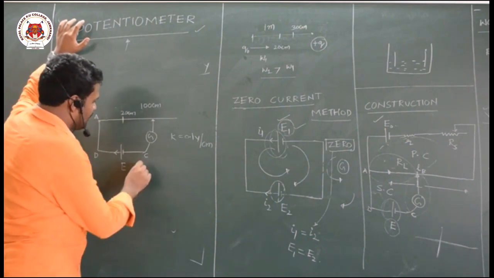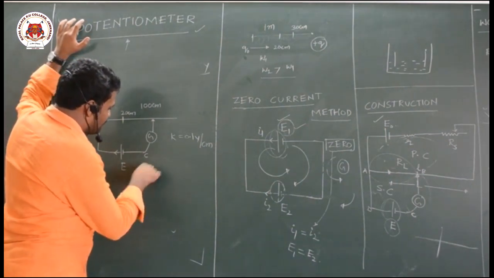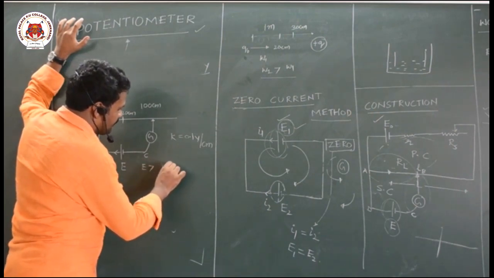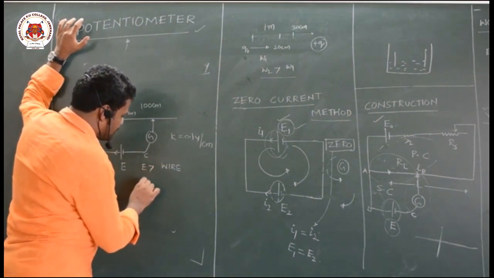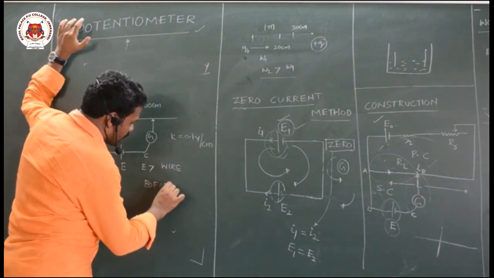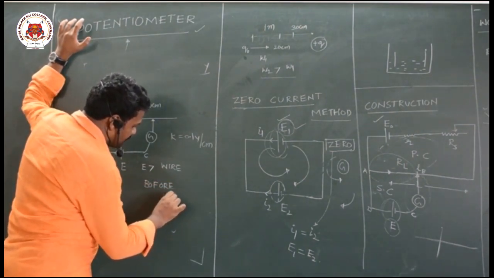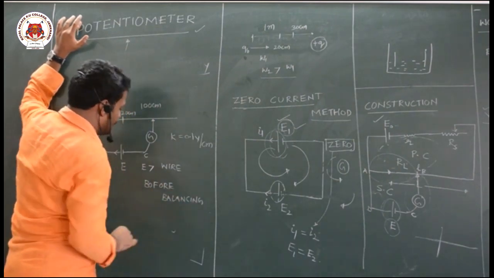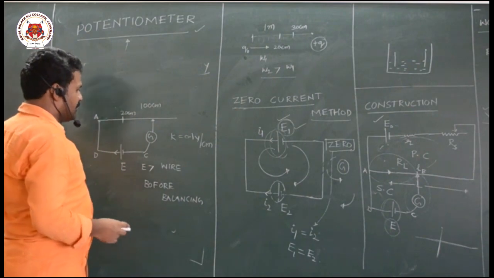The battery will have more current. Before the balancing point, E will be more than the wire. This is before the balancing point. But what happens after the balancing point?